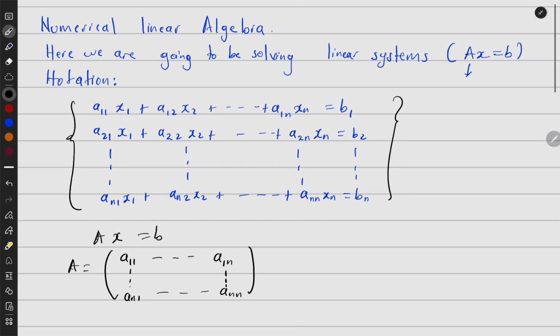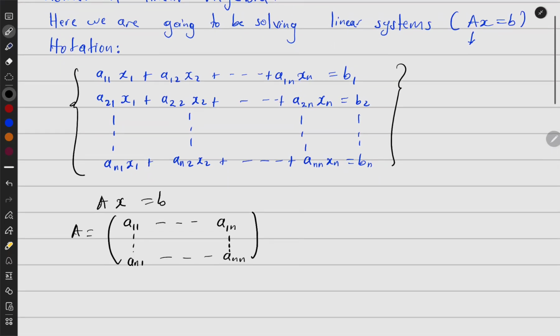Then our X is a vector, x1 up to xn, and our b can be written as b1 up to bn.